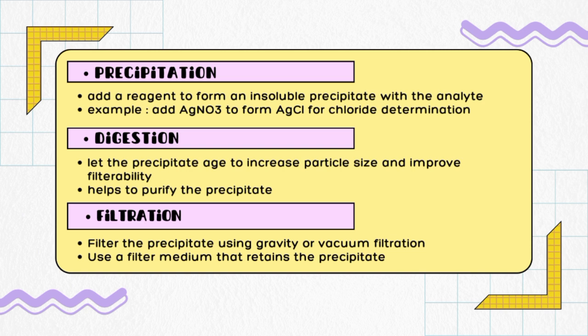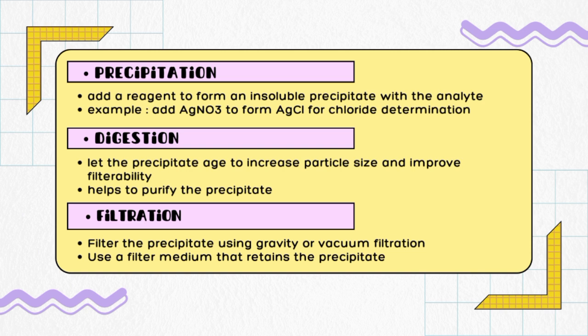Once the precipitate is formed, it undergoes a digestion process, allowing it to age, thereby increasing particle size and enhancing filterability. This step also serves to purify the precipitate, ensuring accurate measurement of its mass. Next, filtration.